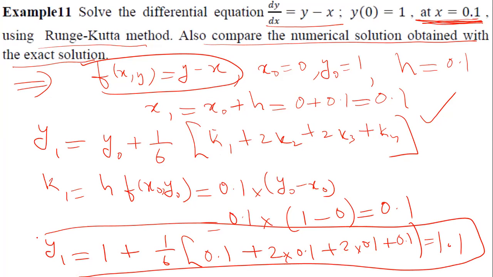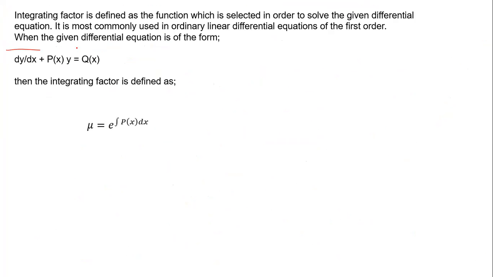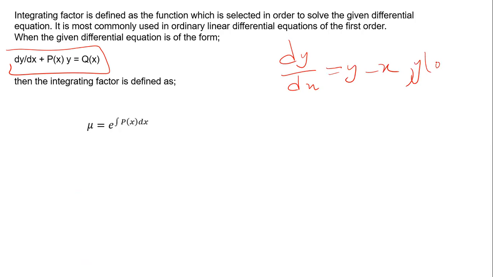And you have to compare it with the numerical solution of this. In order to find the numerical solution for dy upon dx equal to y minus x, use this formula. This is the integrating factor approach. So our differential equation is dy upon dx is equal to y minus x, y at 0 is equal to 1. Here you can write dy upon dx minus y equal to minus x.